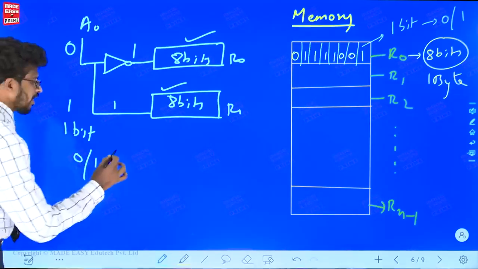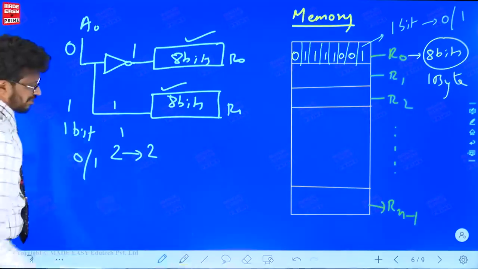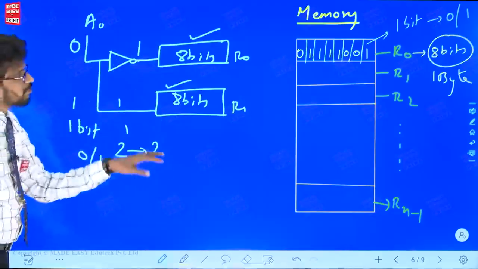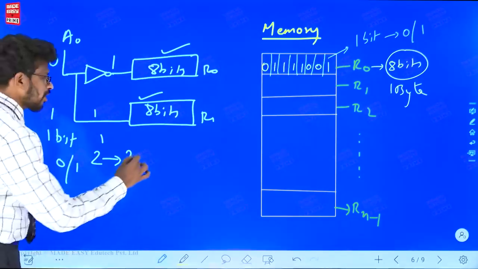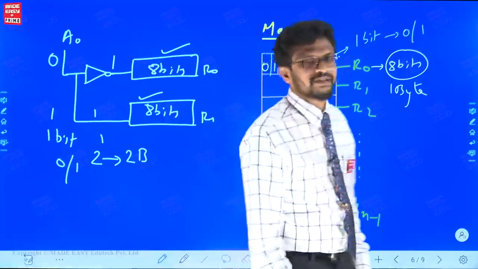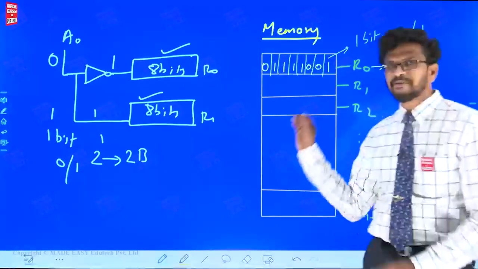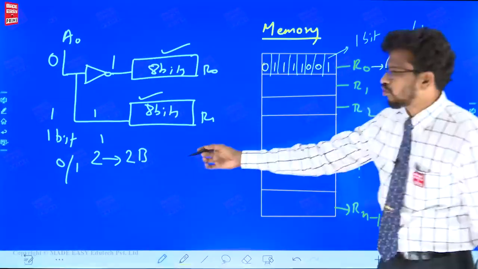It means that if there is one address line, how many addresses are possible? 2 addresses. So how many registers are possible? 2 registers. So how much capacity of memory is possible? 2 bytes. Here I am taking the default size of each data in the memory as 8 bits or 1 byte. So 2 registers are possible, so 2 bytes.